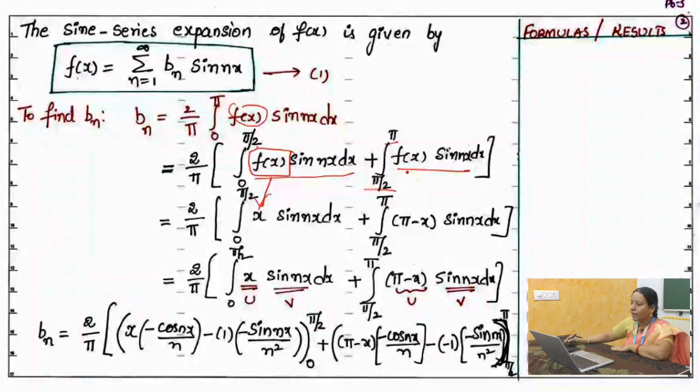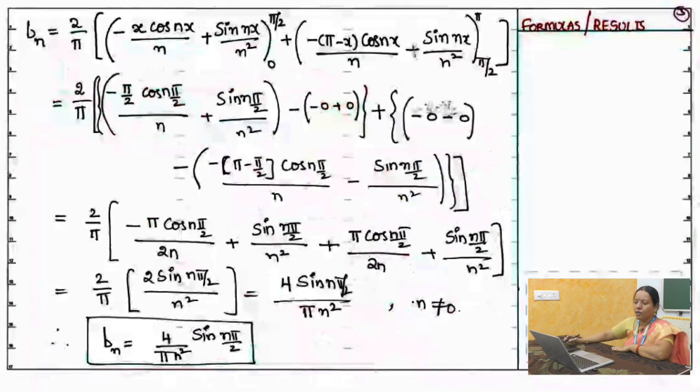Similarly, your f of x value in the interval pi by 2 to pi is pi minus x. Integrating and evaluating the values, finally you get bn equal to 4 by pi n square sin n pi by 2.